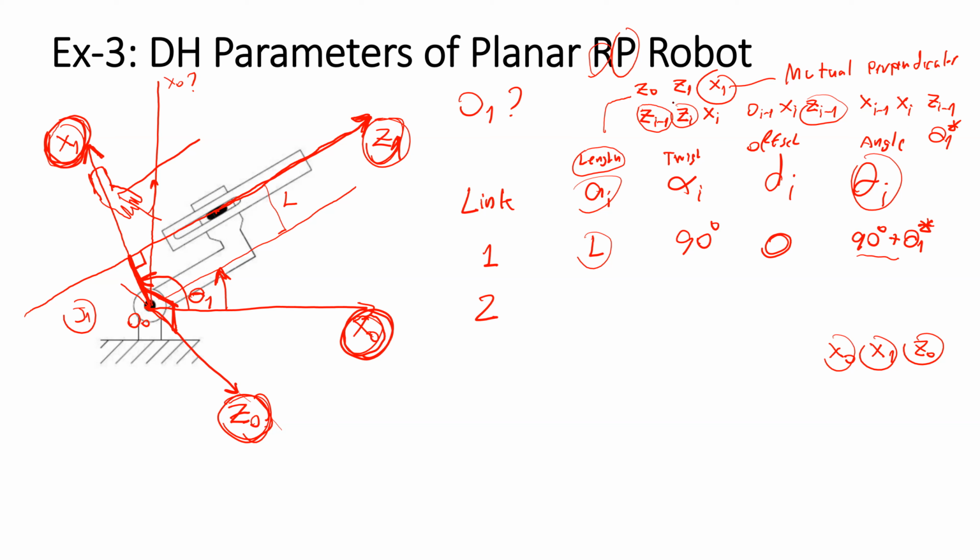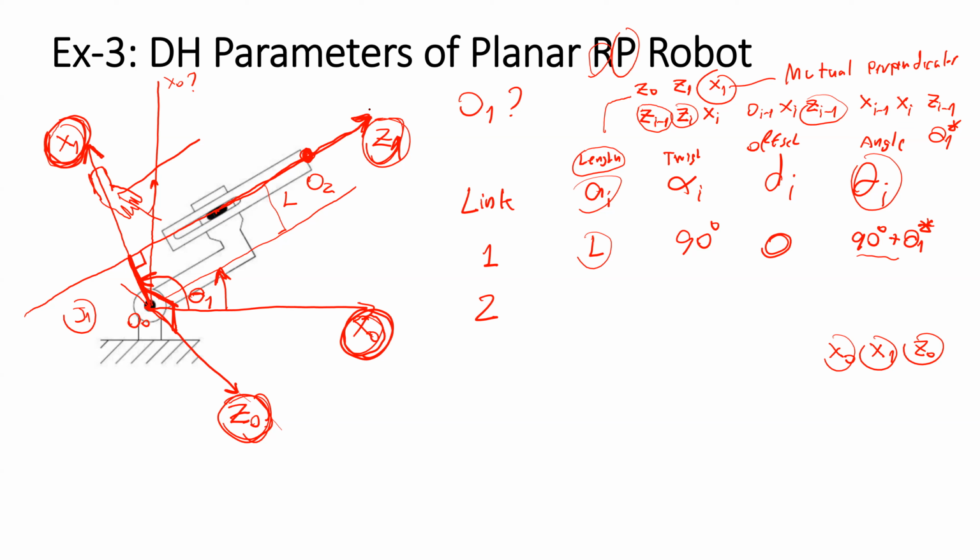Oh, again, I made a mistake. I always forget to put the frame on the end effector. In this case, we need to find the position of the end effector, and we need to attach a frame to that position also.